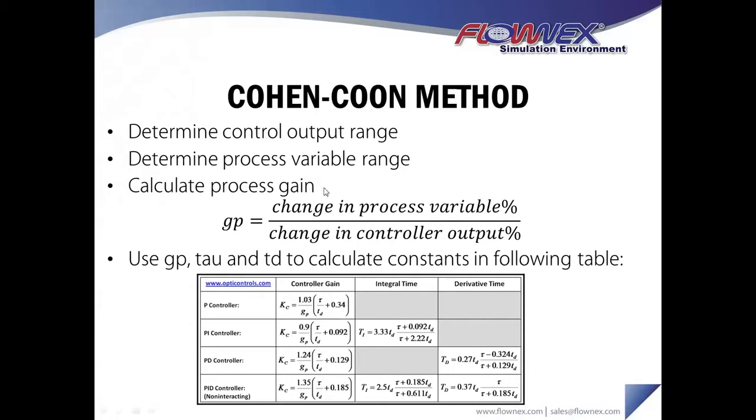The biggest difference in the Cohen-Coon method is the way that the different constants are calculated for your P, I, and D constants. Slightly more complicated, but still quite simple. We can switch to Flownex to show how this is done.